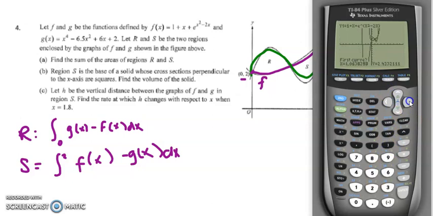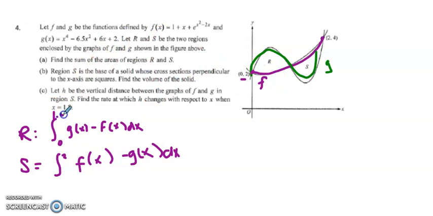I get my cursor next to that intersection point and hit enter 3 times. It says my intersection point is at 1.0328. So I'll write that in: 1.0328 is my upper limit on region R and my lower limit for region S.